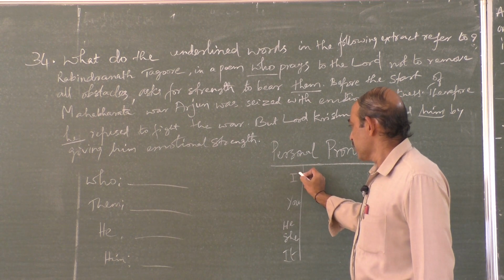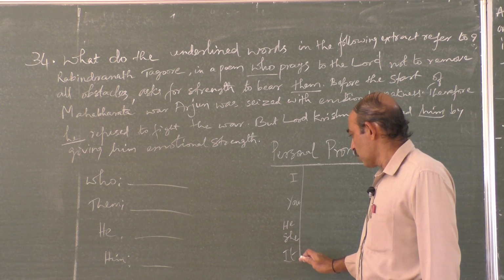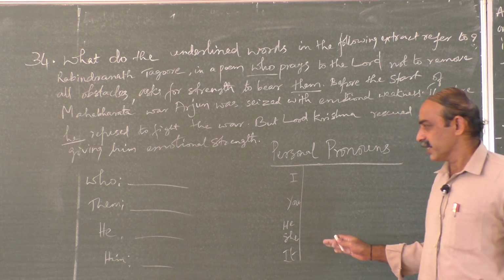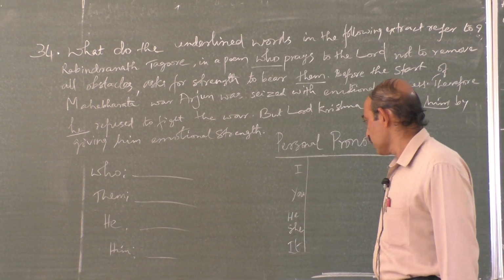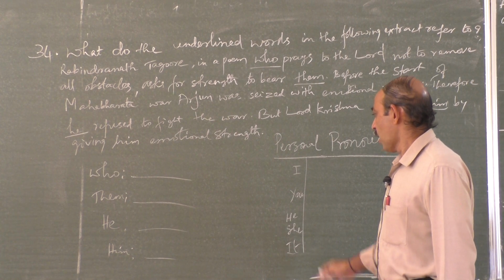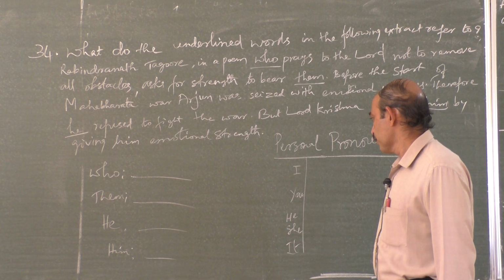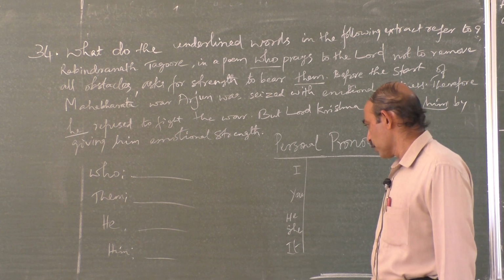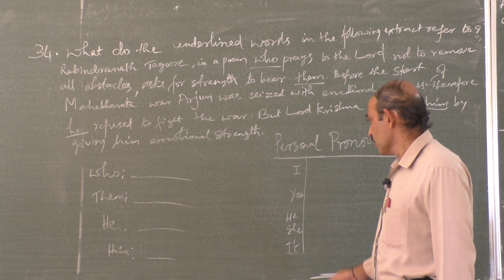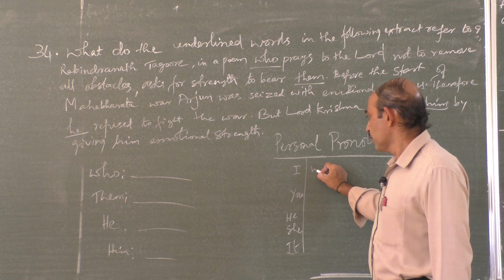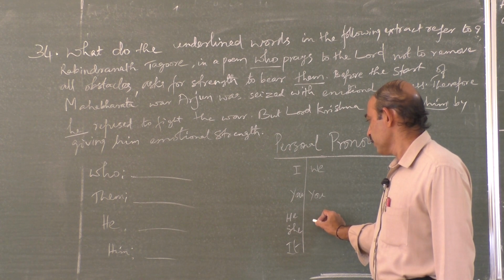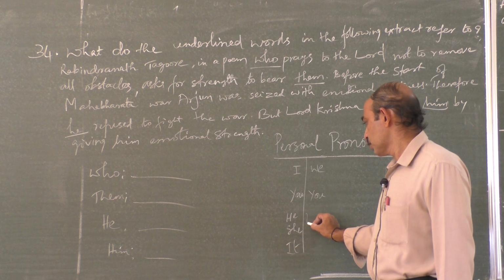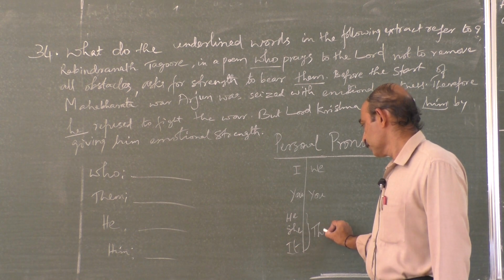This is the subjective case pronoun. These pronouns are used as subjects of the sentences. And then, these are singular pronouns, and then we have plural: we, you is the same, and he, she, it put together is they.